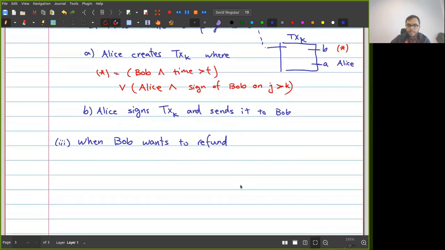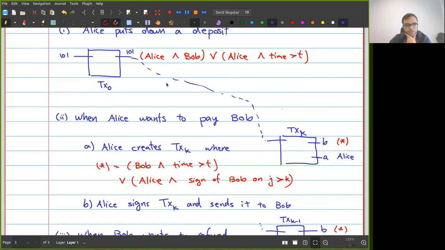Okay, so let's say that the last transaction that they've had was transaction K-1, and it was paying some amount B to Bob, of course, using this condition. And it was paying some amount A to Alice. Okay, and all of my transactions use the same input, which is this output of the deposit transaction.